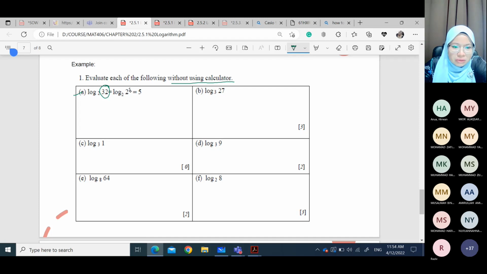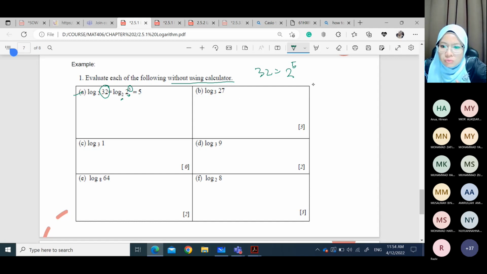So 2 kuasa 5 sama juga dengan 32. Okay. So bila kita base dia sama, base dia log 2. So ini pun base juga, base bagi 32. Asas bagi 32. Okay. So asas bagi 32 adalah 2 kuasa 5. So base dengan base, then you akan dapat jawapan index dia, which is 5.